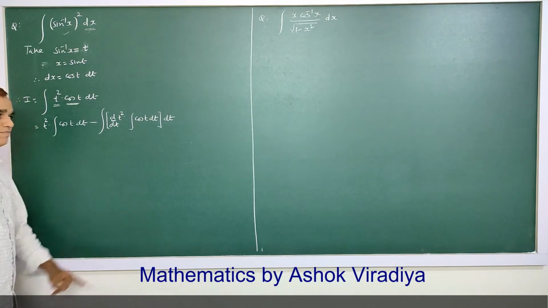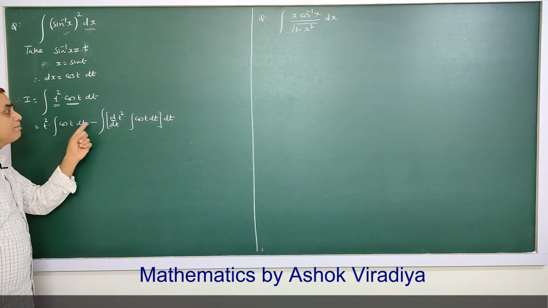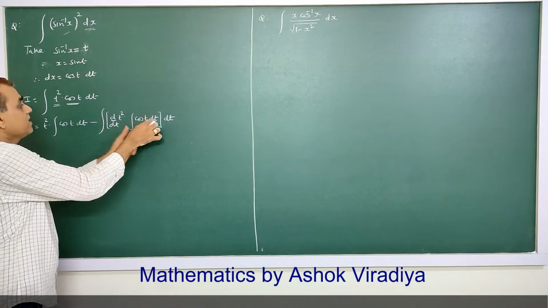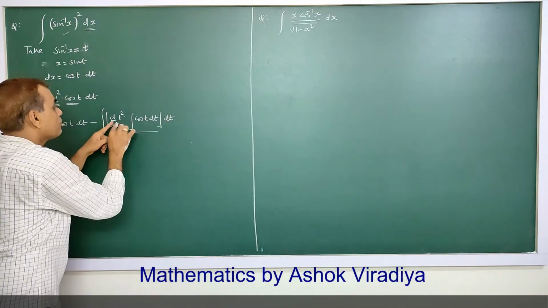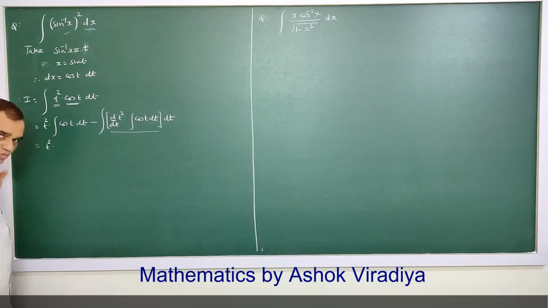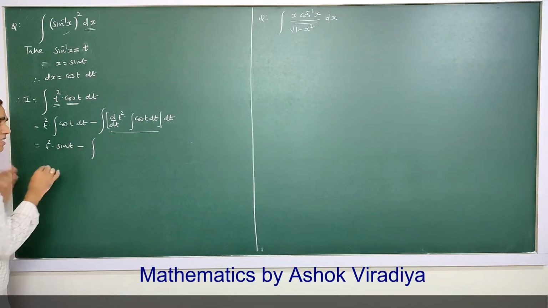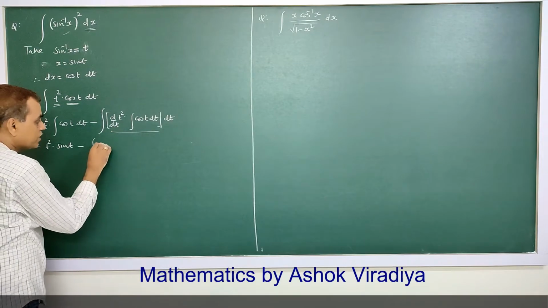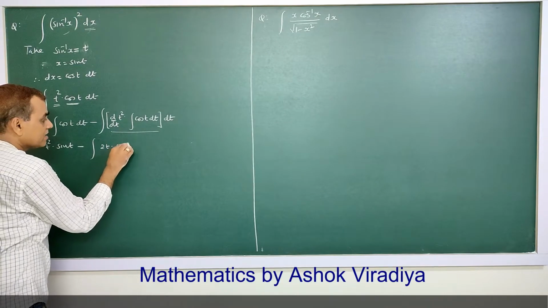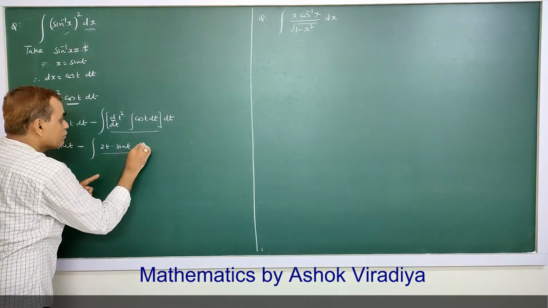So U as it is, integral of v, minus integral of derivative of u, integral of v, and integral of this product. So it is equal to t square into integral of cos t, which is sin t, minus integral of derivative of t square, which is 2t, integral of cos t is sin t. So 2t sin t and its integral with respect to t.